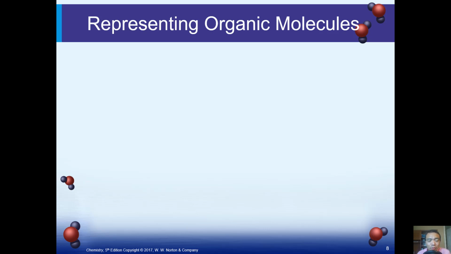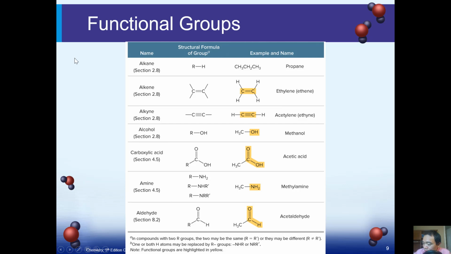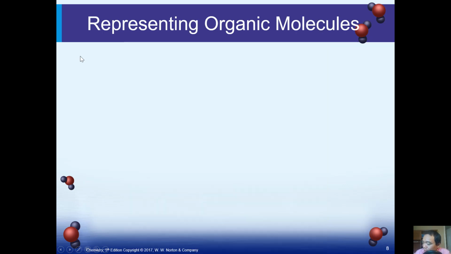Let's go over a few more examples for better understanding of these different representations. For example, look at this structure that is indicated over here. This structure is the line structure, as you can see.